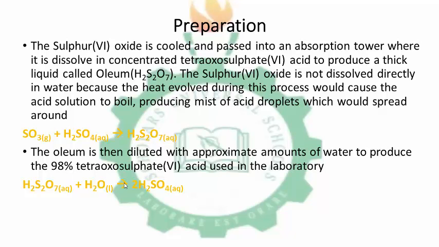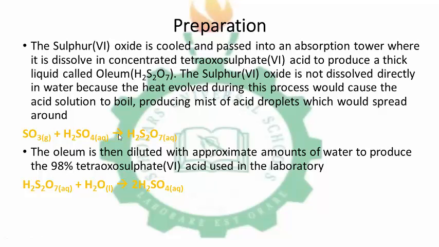Now, the sulfur 6 oxide is dissolved in the concentrated tetraoxosulfate 6 acid to produce a thick liquid called oleum. The reason why we don't dissolve the sulfur 6 oxide directly in water is that a lot of heat is involved during this process and can cause the acid to boil.